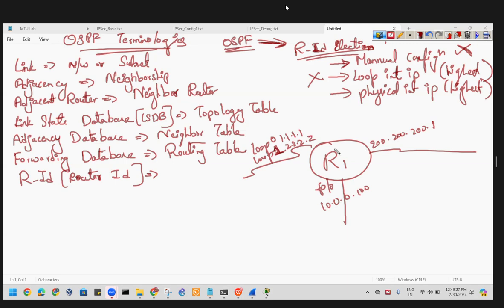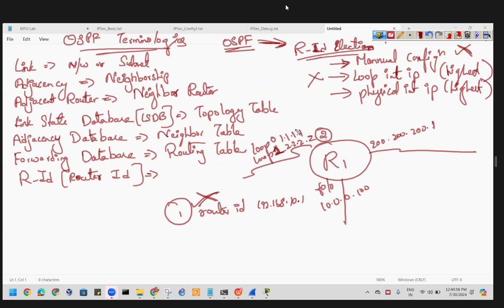In case I've configured the router ID as 192.168.10.1, the first preference will be given to the manual configuration. This is the first preference. Second preference, if I have multiple loopbacks. This is the second preference, meaning if manual RID is not there, then this will become the RID. If multiple loopbacks are there, the highest of the multiple loopbacks.